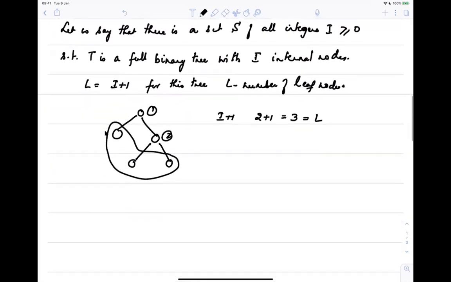Now, let's try and prove this. Let's say the base case: I equals 0, L is equal to I plus 1.